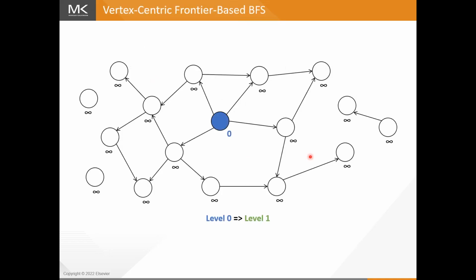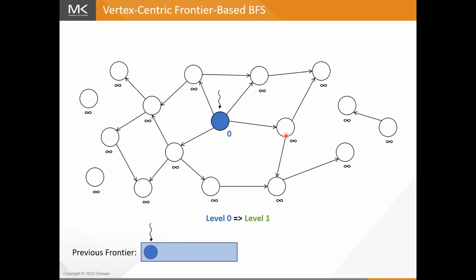So for example, here if I wanted to do a vertex-centric frontier-based BFS, in the first level, level 0, I would have this vertex. So I would actually have an array that's the previous frontier that consists of just this vertex. And then I know how big this array is, so I launch a thread for every vertex in this array, in this case, one thread.